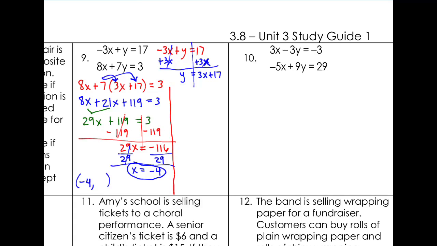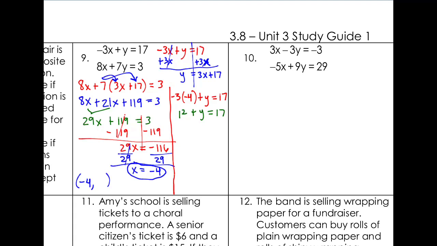So you have -3 multiplied by -4 plus y equals 17. So we do the math. -3 times -4, negative times a negative is a positive, so that's 12 plus y equals 17.